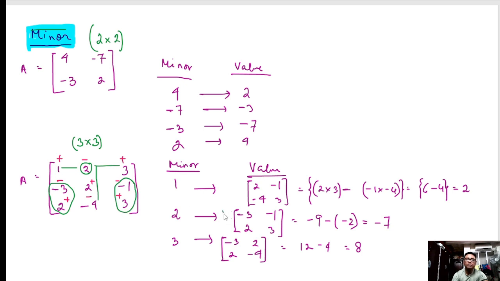So here I have chosen it, minor of 2, which is coming minus 9, and this is minus 2. So minus 9 plus 2, it will become minus 7. So this is the minor of 2. Clear?